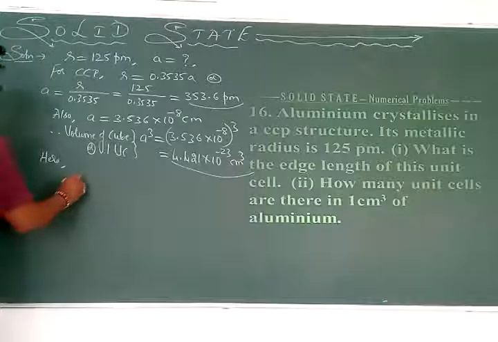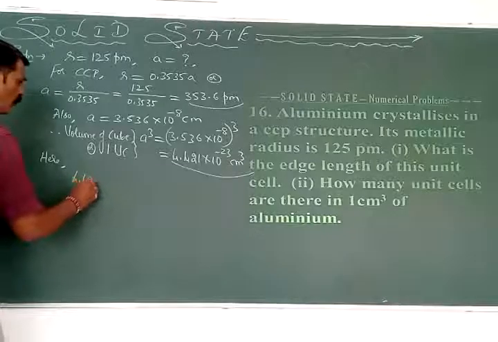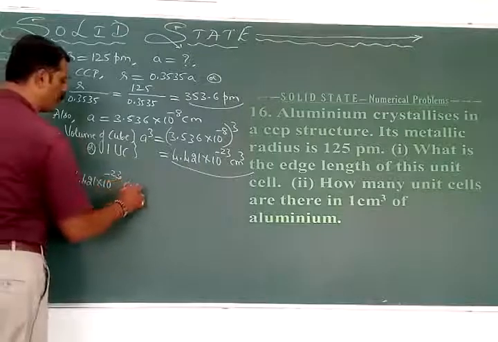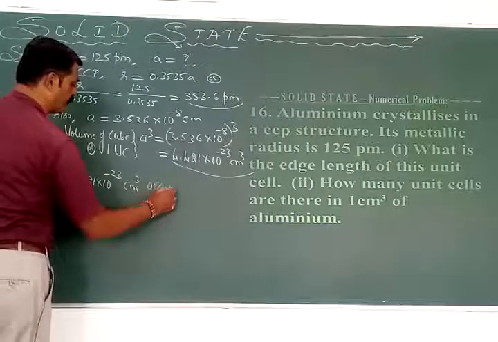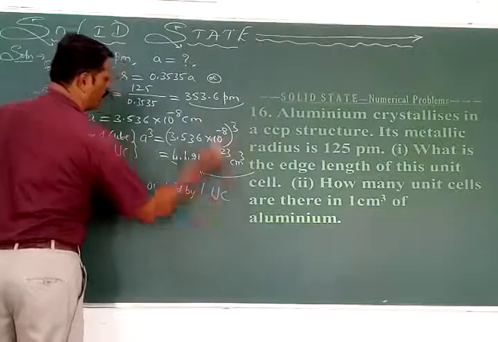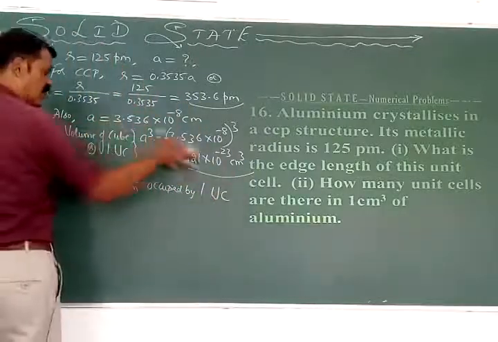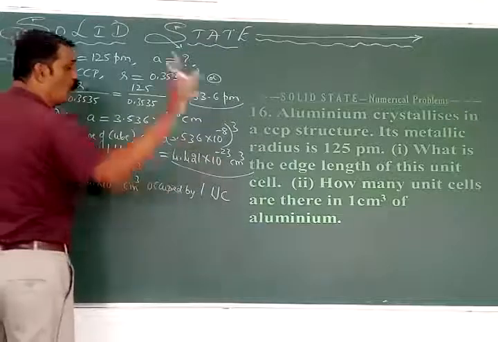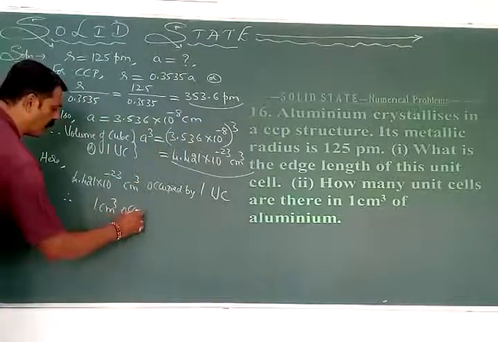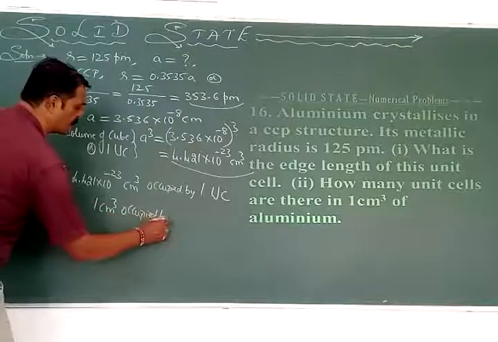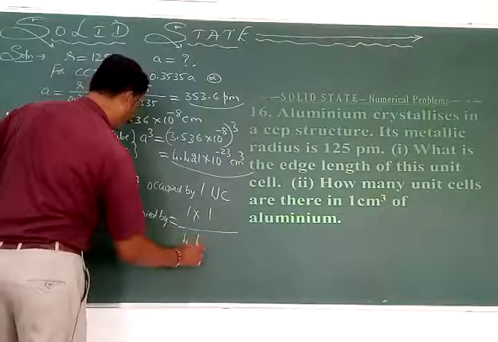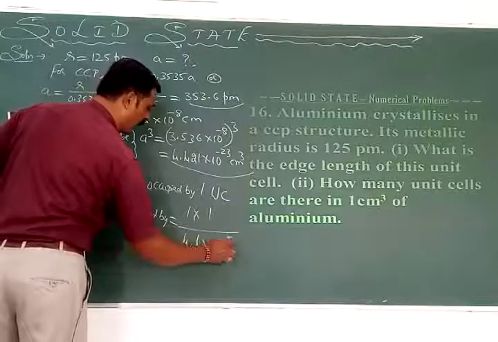Here 4.421 into 10 to the power of minus 23 cm cube occupies 1 unit cell. Therefore, 1 cm cube is occupied by how many unit cells? It is 1 divided by 4.421 into 10 to the power of minus 23.